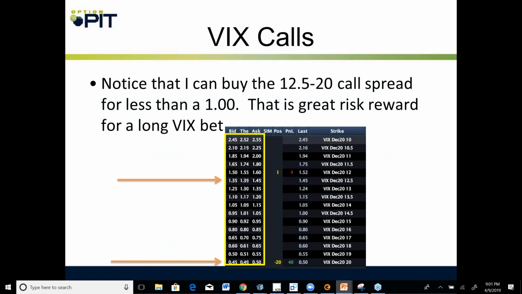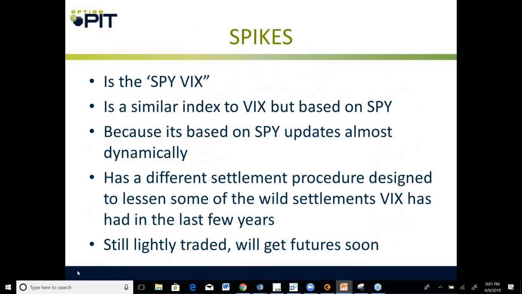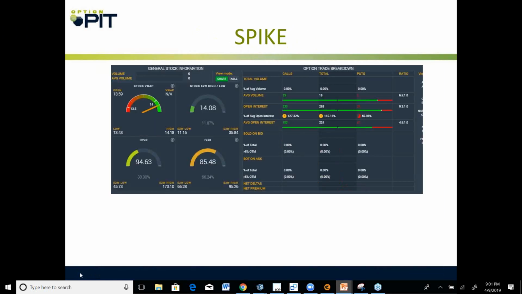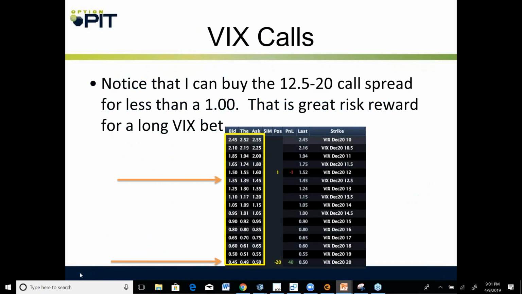That is how I like structuring bullish trades. Ignore the actual yellow numbers there. Those were little positions that I had off against other stuff. And the key here is the ability to buy this call for $1.40 and sell this call at 45 cents.